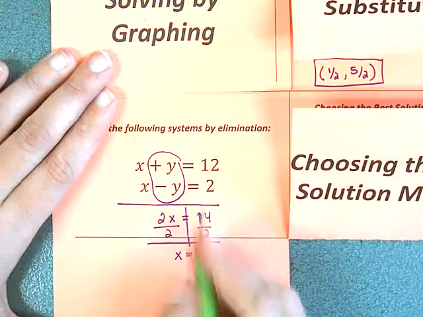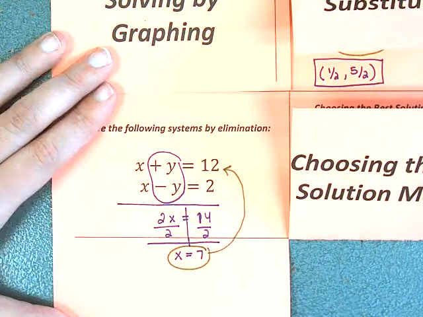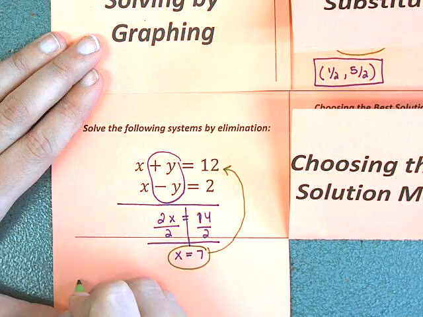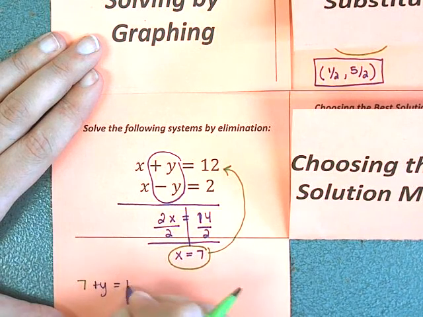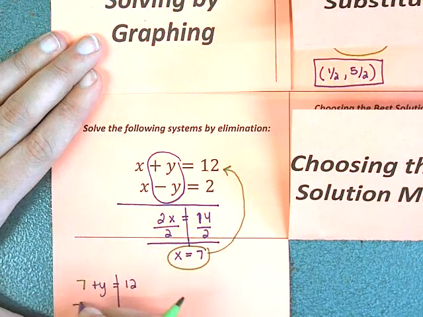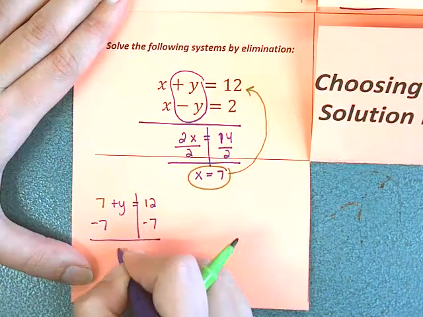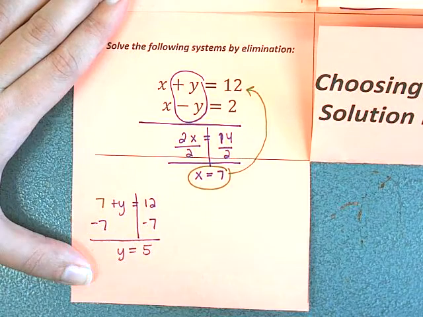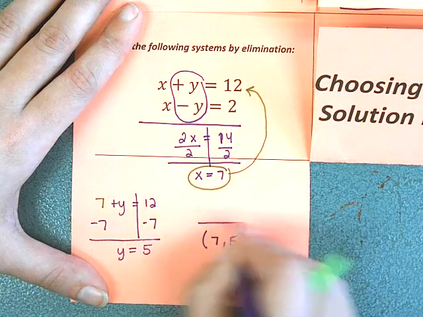Once I know that x equals 7, I would take the 7 and plug it back into the original problem. So I would have 7 plus y equals 12. Then I would subtract the 7 on both sides, and I would get y equals 5, which means my final answer would be (7, 5).